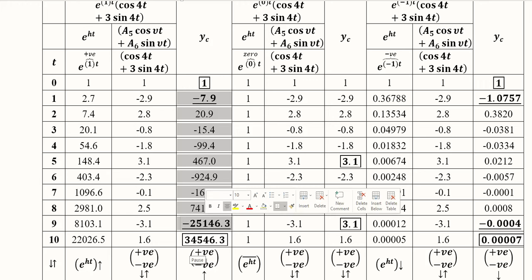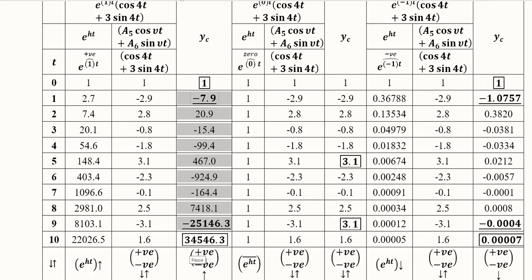So it means that the oscillation is increasing no matter whether we are above the x-axis or below the x-axis. Above the x-axis there are these positive values and below the x-axis there are these negative values. So we can say that the exponential expression is having a growth here.